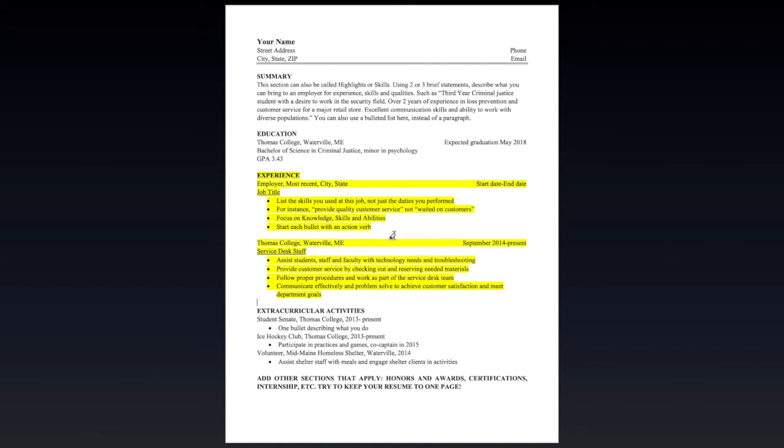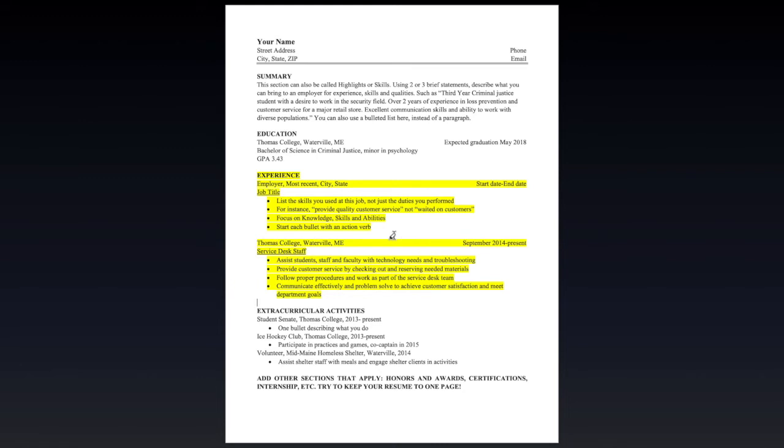Something that you'll want to do when you're writing your bullets: you'll want to go to that job description. Again, pull out the verbiage in there, pull out the lingo. If they're saying clients, maybe instead of customers, you want to say clients too.